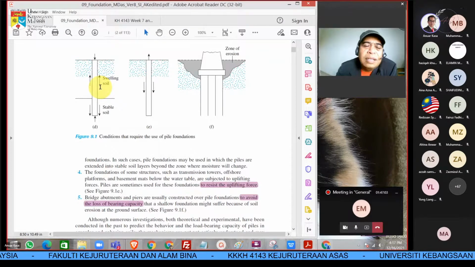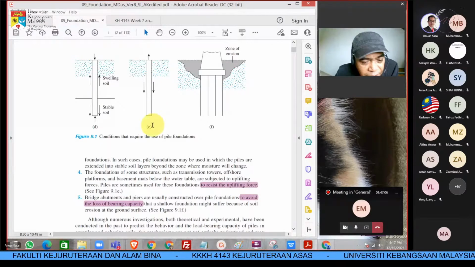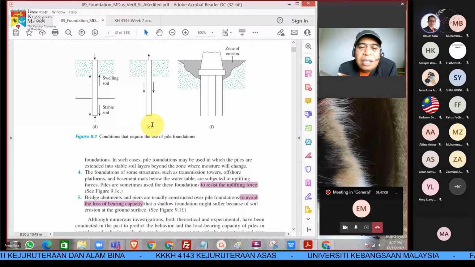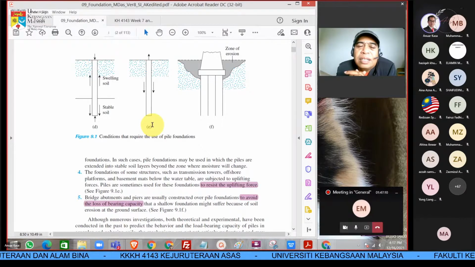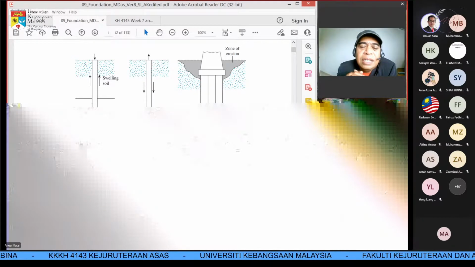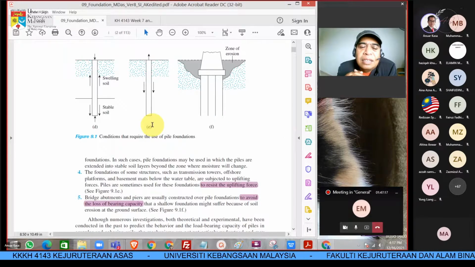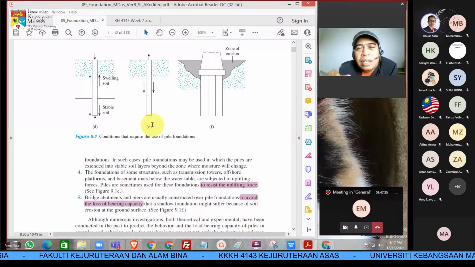And for this part, figure E, that is when we want to cater for the uplift. Let's say the pile is supposed to sustain the structural load not downward but upward.